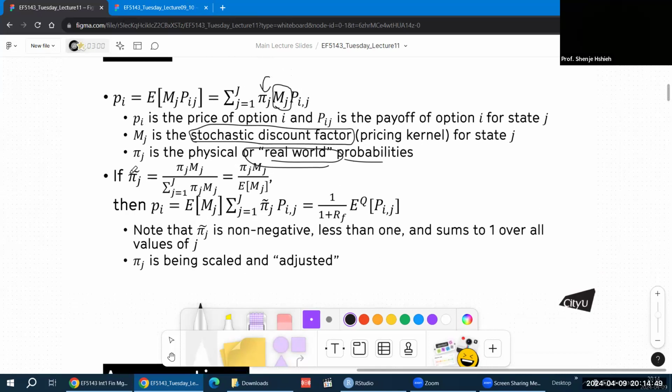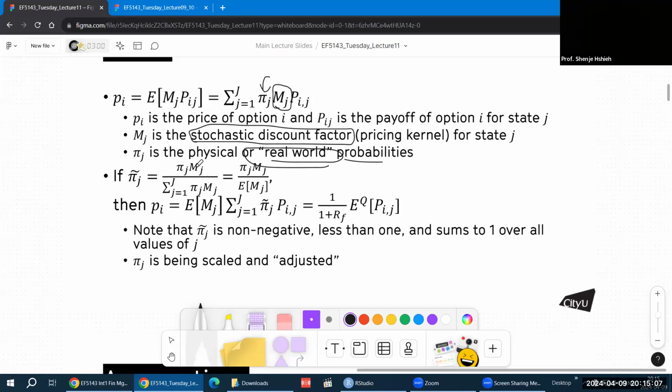So under essentially perfect markets, complete markets, I told you before, we need enough assets to span the space of possible states. Suppose we have all that. We can rewrite pi in such a way.